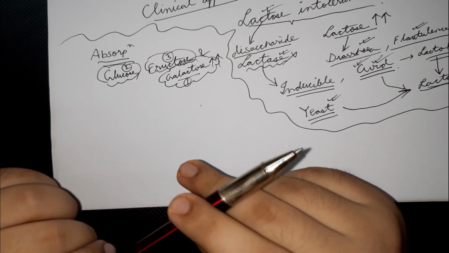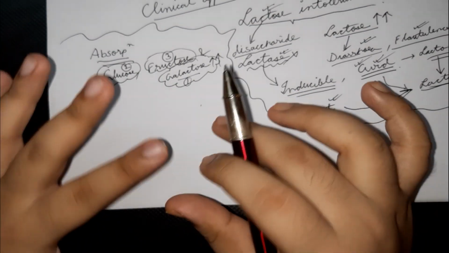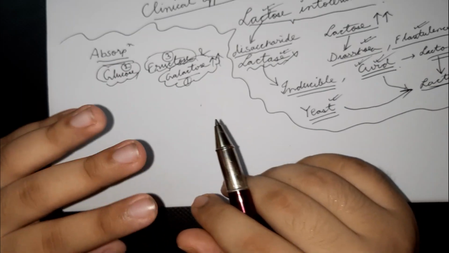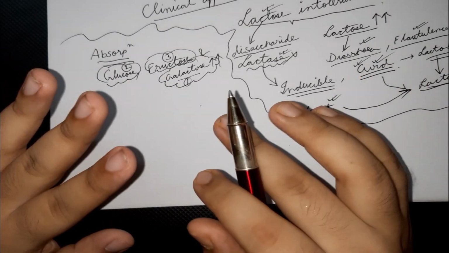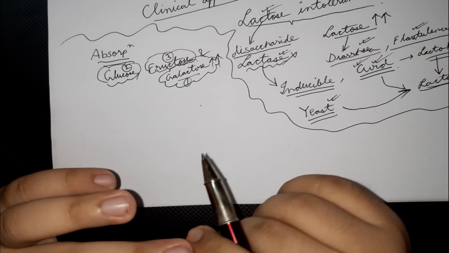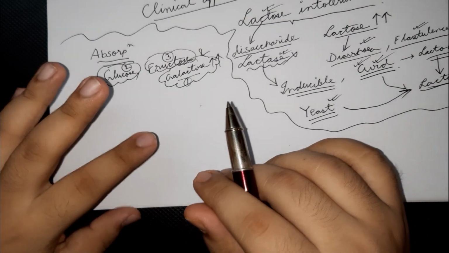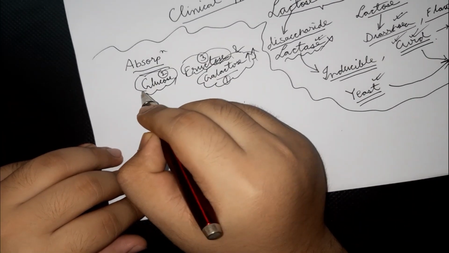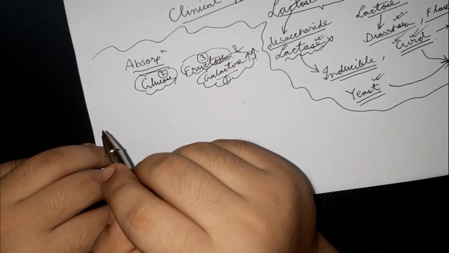Now let's talk about, since we are specifically talking about glucose in our discussion here, because it is the most important. It's not that we are biased or anything, it's just that glucose is the most important form. So let's talk about absorption of glucose in a little bit more detail. Now what's seen is that glucose has specific transporters.